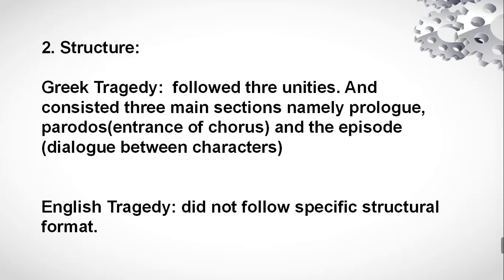As far as English tragedy is concerned, they did not follow the unities or any specific structural format. Though the dialogue between characters played a central role, there was less emphasis on the involvement of the chorus. Let's move to the next slide.